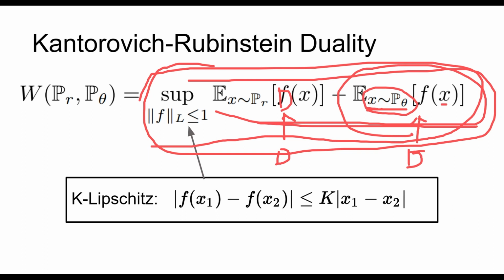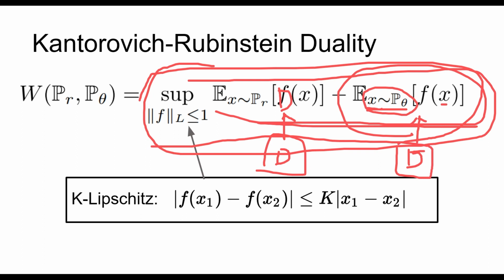We are simply trying to compute the Wasserstein distance, but by using the KR duality, we see that we can use the GAN algorithm to compute the Wasserstein distance. That's the beauty and the idea of what WGAN is. So WGAN is simply trying to implement this f as a neural network.